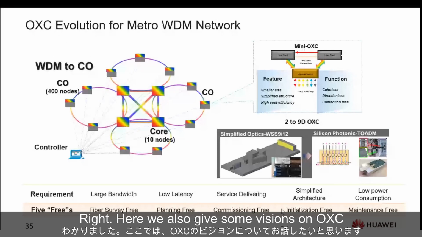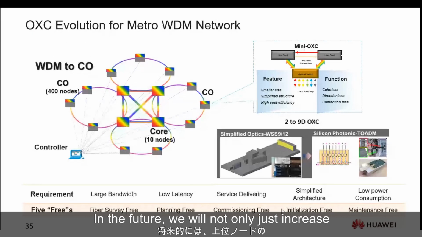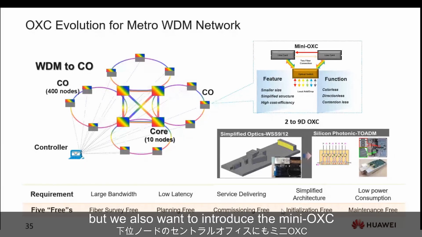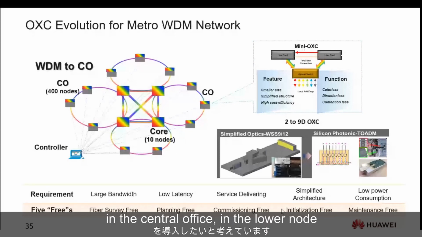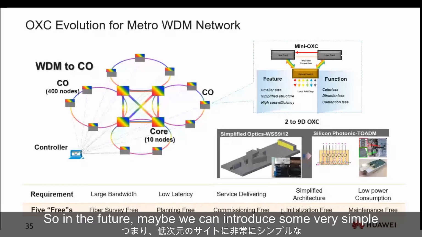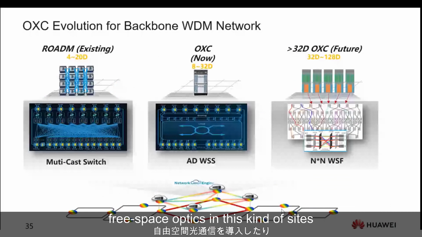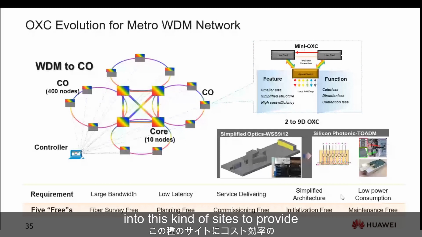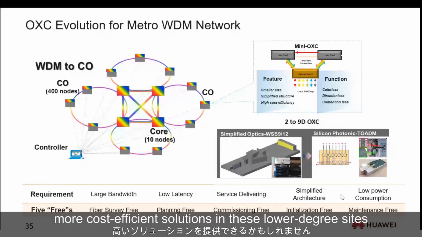So here we also give some visions on the OXC. In the future, we're not only going to increase the capacity of the higher-degree node, but we also want to introduce the mini OXC in the central office, in a low-degree node. So in the future, maybe we can introduce some very simple optics, free space optics, in this kind of site, and also introduce silicon photonics to provide more cost-efficient solutions in this lower degree site.